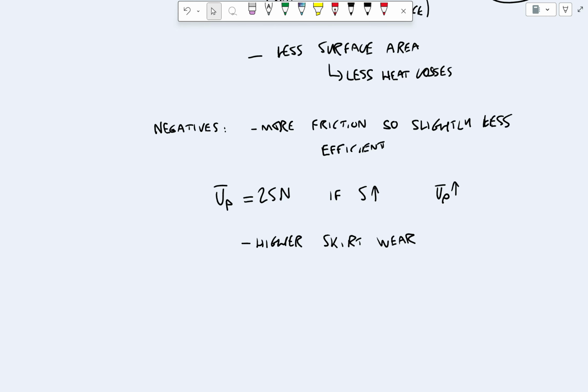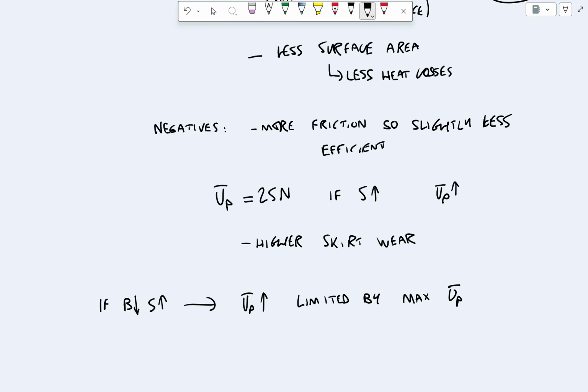Okay, so one thing that happens too is that if we start increasing the stroke much and we reduce the bore, our UP will increase. Okay, so let's rewrite it really quick. So if bore goes down and stroke goes up, our UP is going to increase. But the problem is that we are limited by a maximum UP.